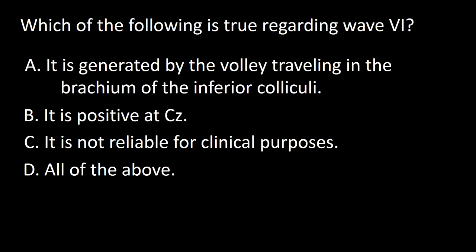Next question. Which of the following is true regarding wave 6? A. It is generated by a volley traveling in the brachium of the inferior colliculi. B. It is positive at CC. C. It is not reliable for clinical purposes. D. All of the above.